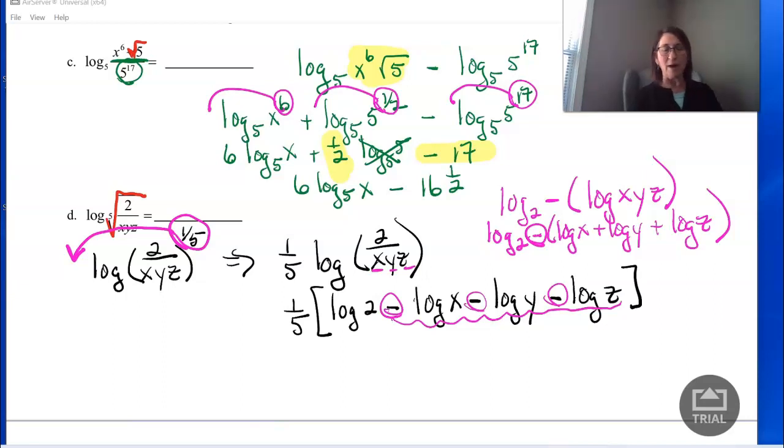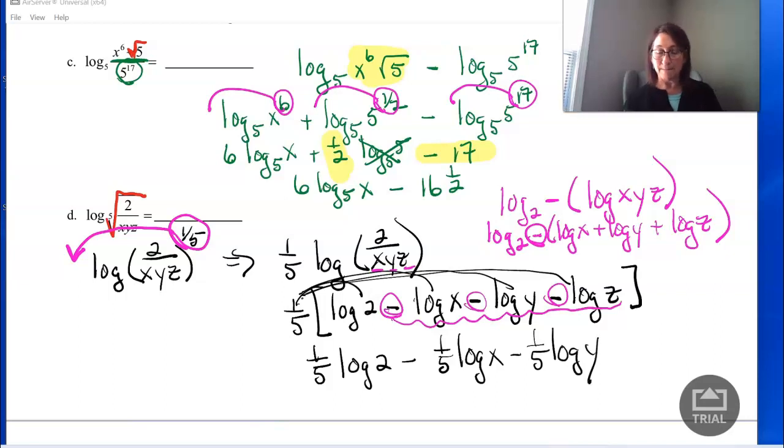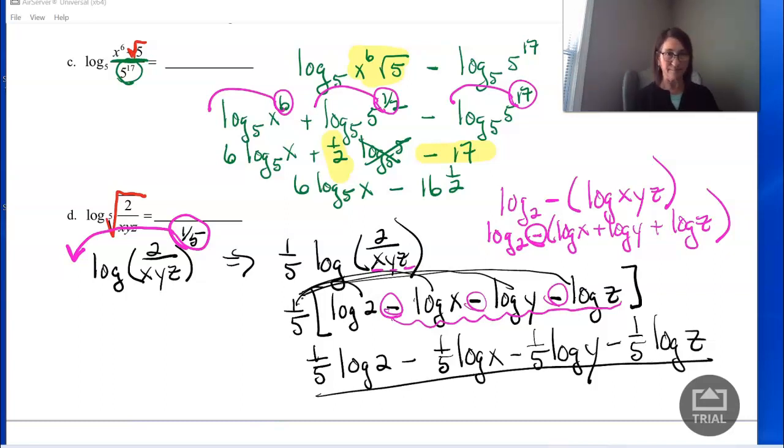Now I am going to distribute this 1/5 to every one of those logs. And so that's just going to give me 1/5 log 2 minus 1/5 log x minus 1/5 log y minus 1/5 log z. That is done.